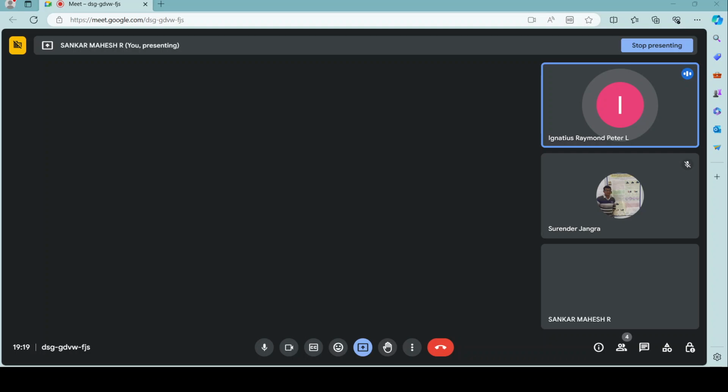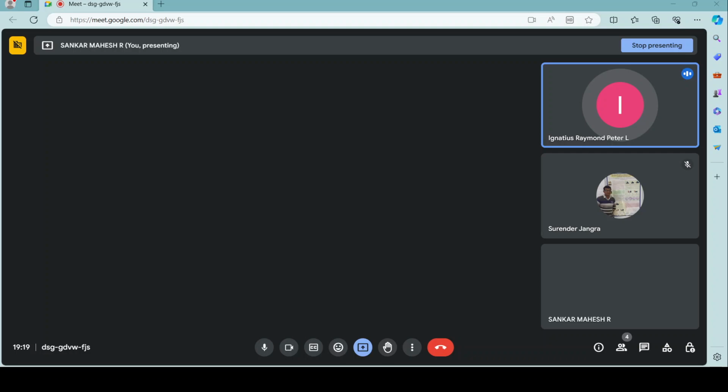So let's say we have two unlabeled, one labeled. Then in the last case, both are labeled.